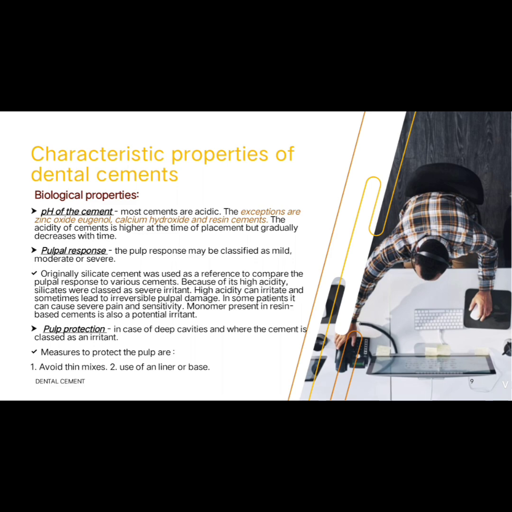Okay, when you realize that there is a cement that causes irritation to the pulpal region, you need to find measures to protect that pulp region following the restoration done above. So how can you protect the pulp? By avoiding thin mixes. Okay, and second is using a liner or a base underneath the restorative material.